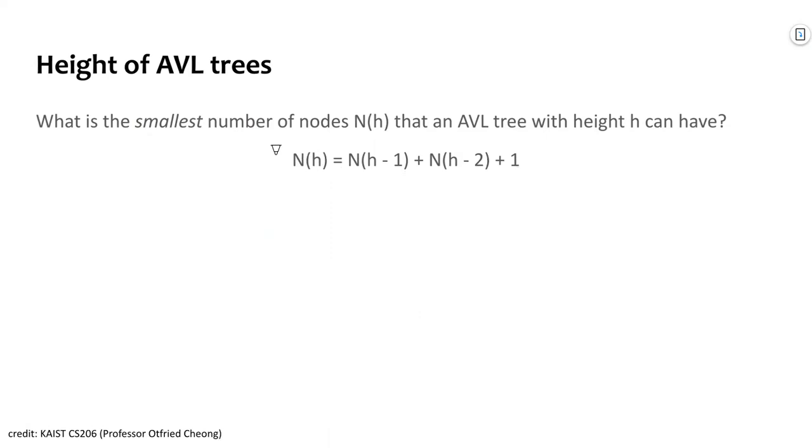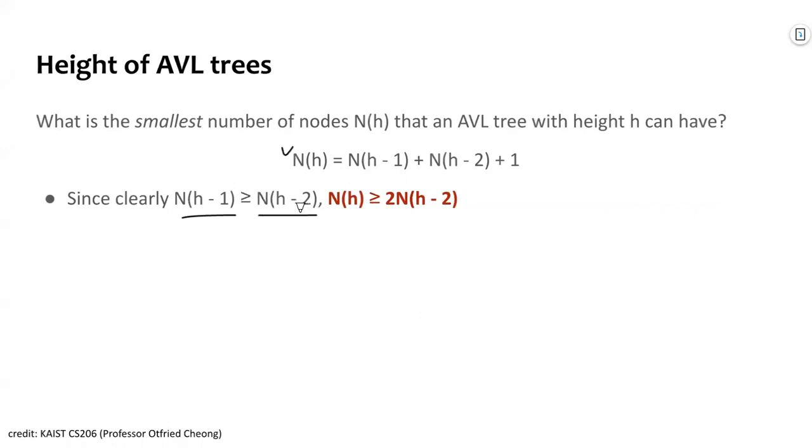And we are going to solve this recurrence equation. Since clearly N_{h-1} is larger than or equal to N_{h-2}, we're just putting this relation into this equation, then N_h is larger than 2 times N_{h-2}.